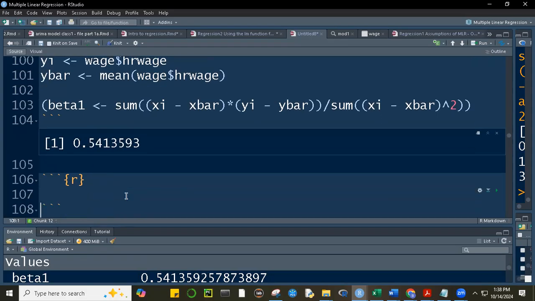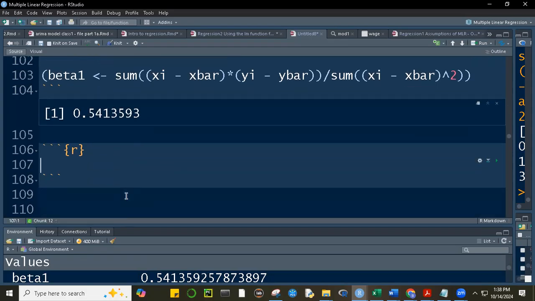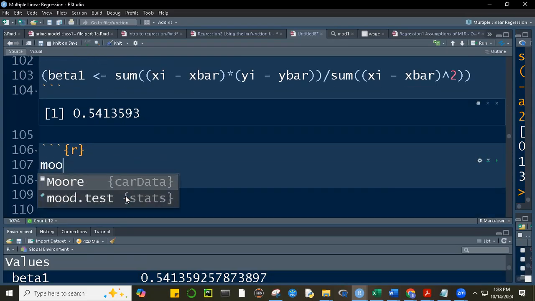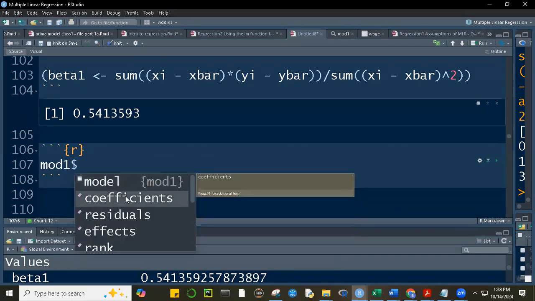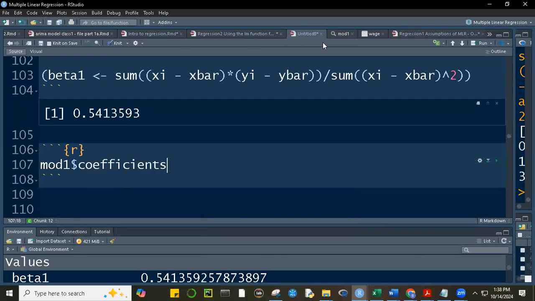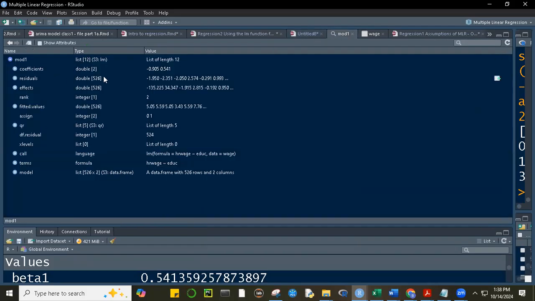i-compare natin siya, class, dun sa ano. So, tingnan natin si mod 1. Mod 1 dollar sign coefficients. A while ago, class, nung tinignan natin si mod 1, when we looked at mod 1 coefficients, dalawa, no? Yung una, ito yung intercept. Yung pangalawa, ito yung slope, yung 0.541.